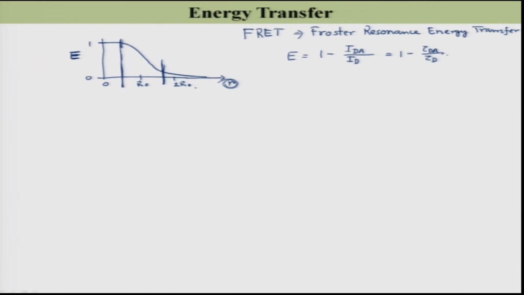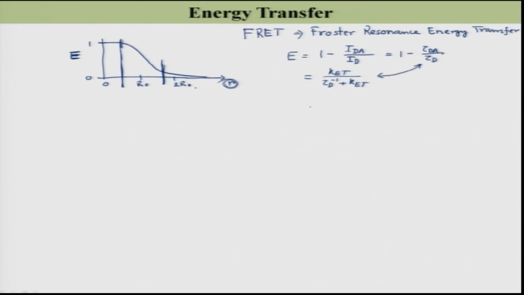So, you can determine this, and I also told you that this is equal to k ET divided by tau D inverse plus k ET. So, I can simply equate this with this.